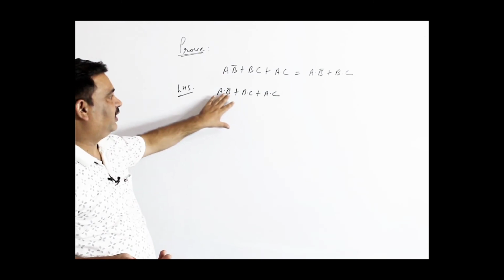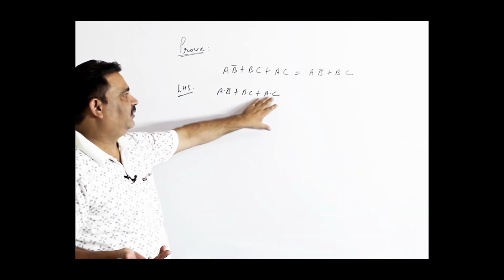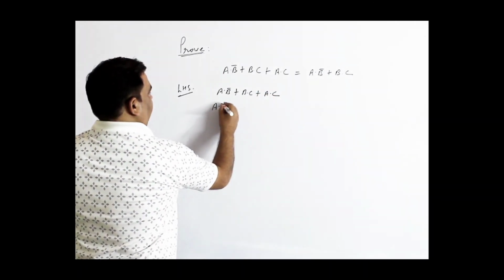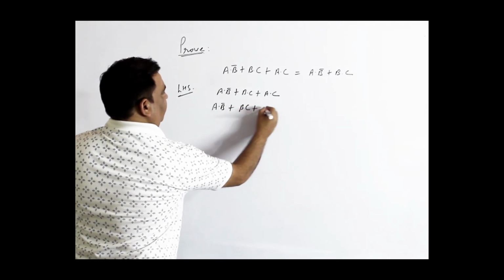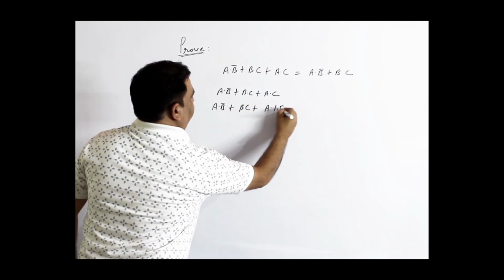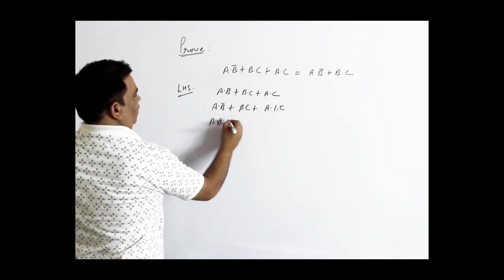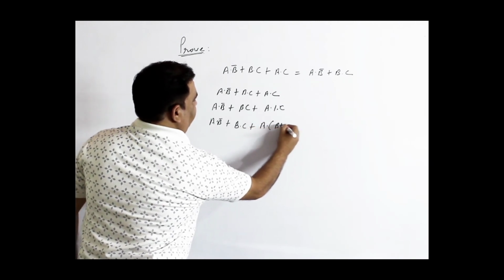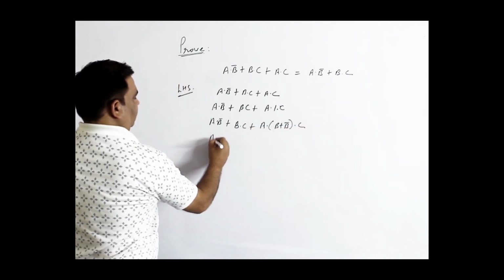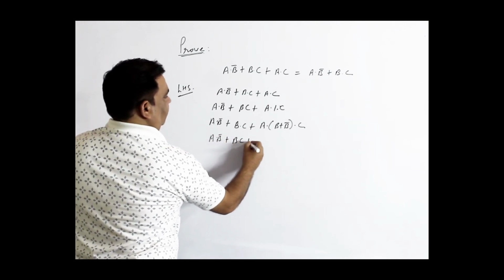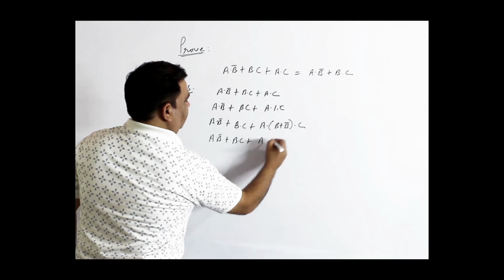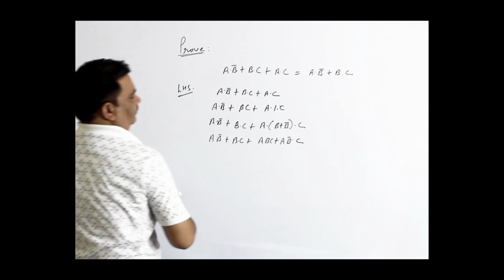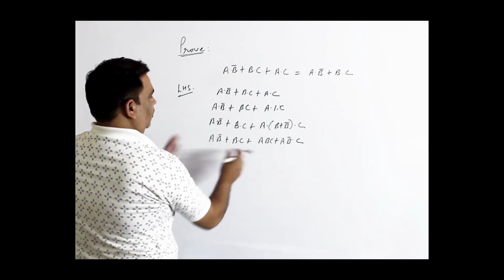So what we can do: here B complement is there and B is not in this term, so we will write B. A dot B complement plus B dot C plus A dot the missing term, and the missing term can be replaced by B plus B complement dot C. So A dot B complement plus B dot C plus, multiplying inside, A dot B dot C plus A dot B complement dot C. Now take the common.